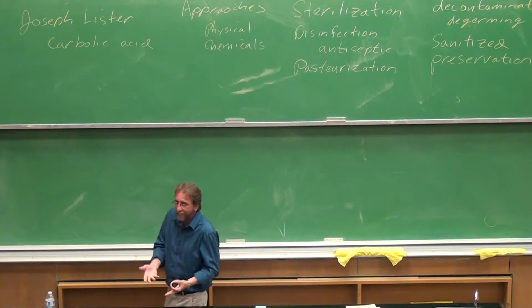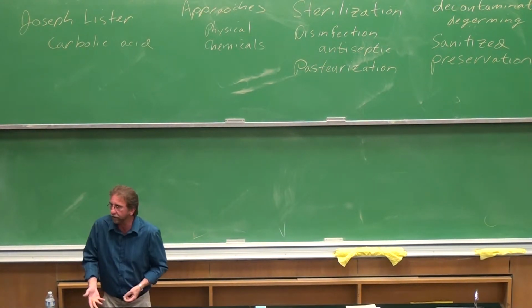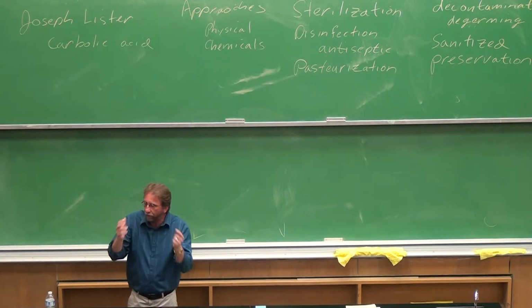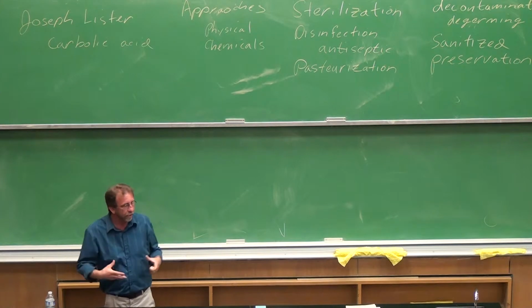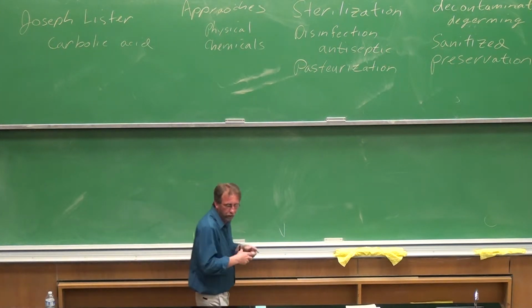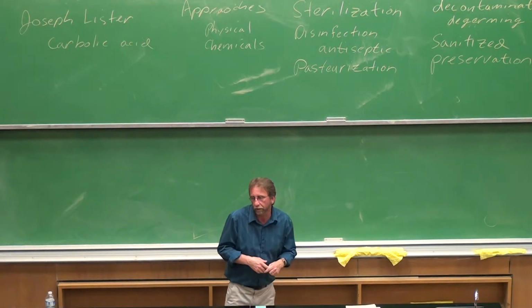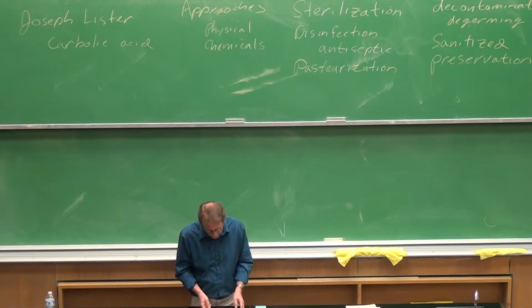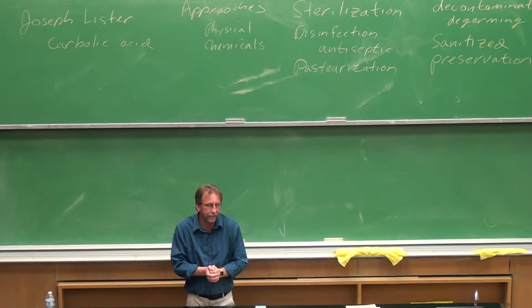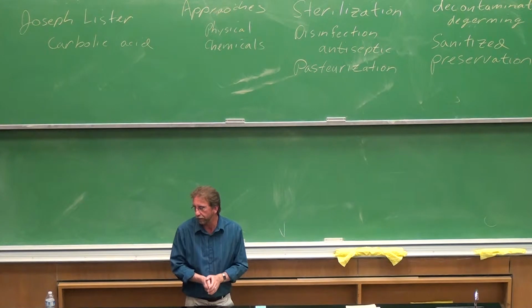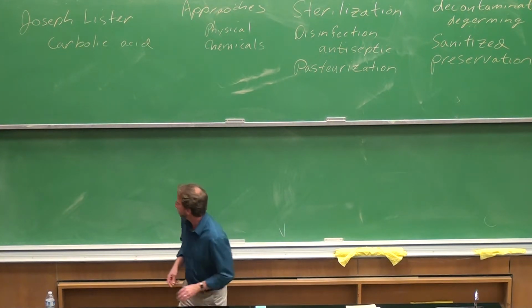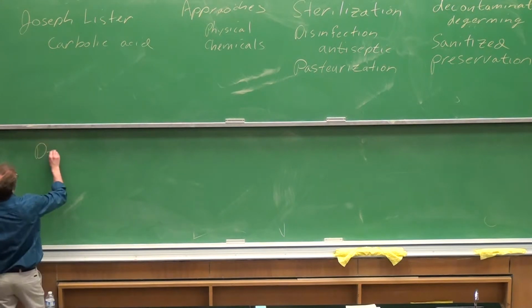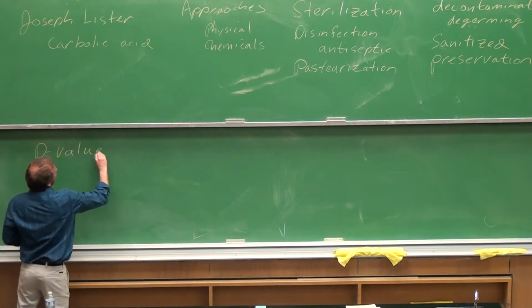If you're canning, and Clostridium botulinum is a potential microbe in your canning, you're going to have to create a temperature and a pressure that will kill those endospores. So you have to take into account the types of microbes you might encounter when choosing a disinfectant or a cleaning agent. Now, there's this thing called the D value.